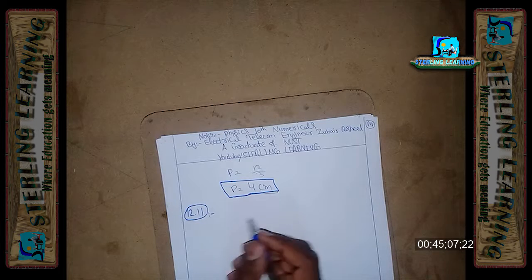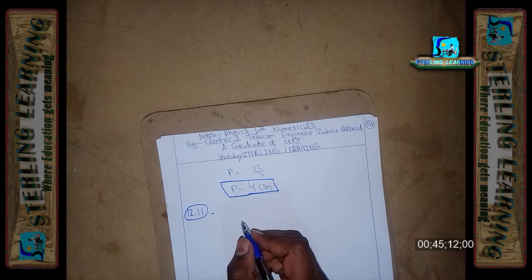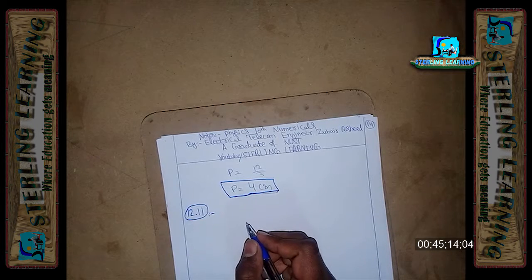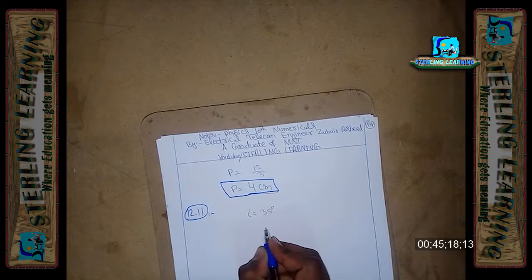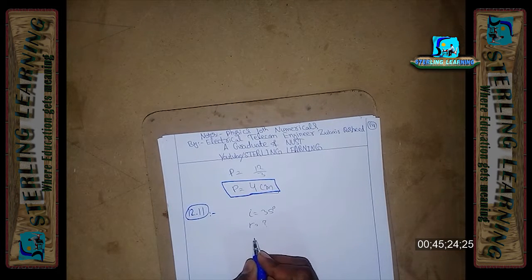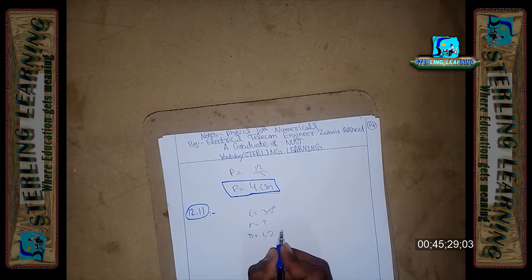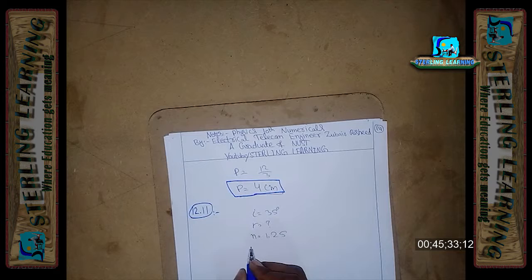A ray of light from air is incident on a liquid surface at an angle of incidence I equal to 35 degrees, and we need to calculate the angle of refraction R. The refractive index is equal to 1.25. Also calculate the critical angle. We need to know the critical angle as well.